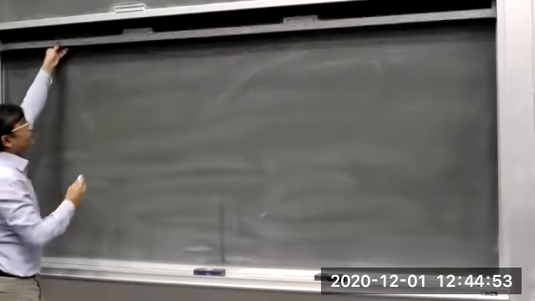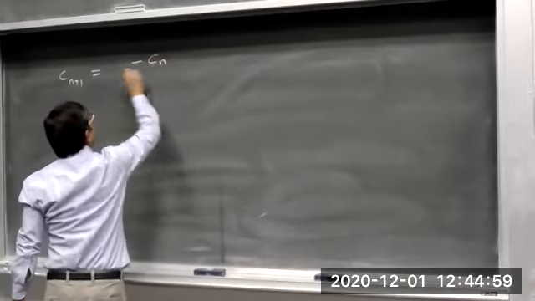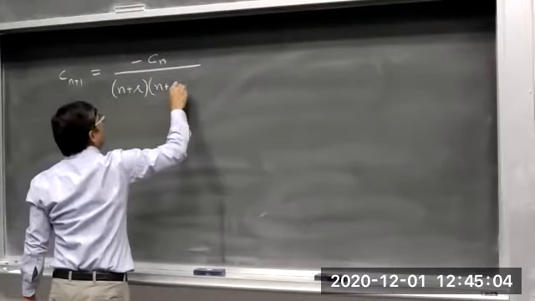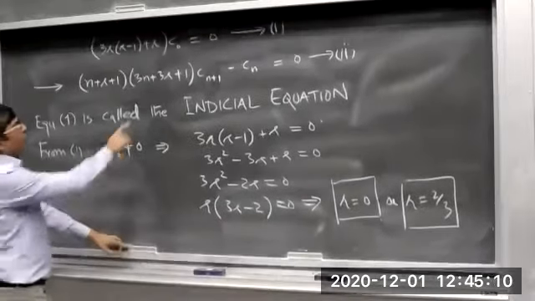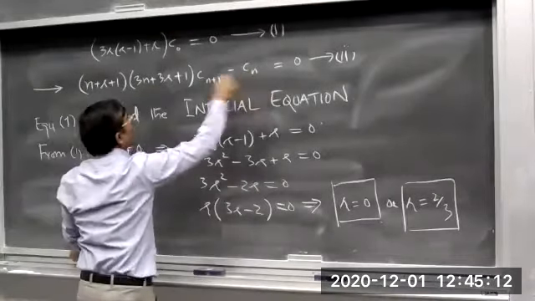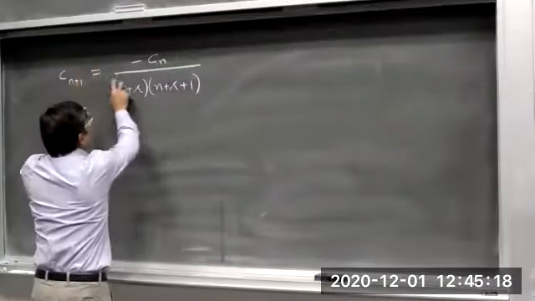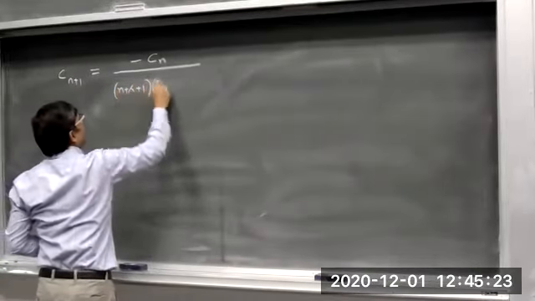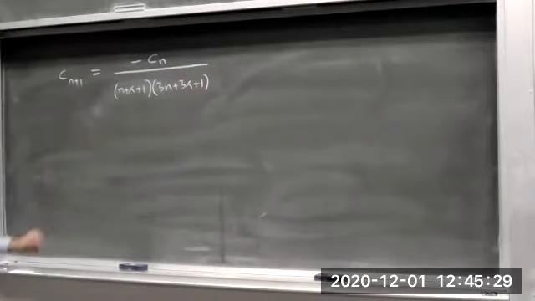From the second expression, we obtain Cn plus 1 is equal to negative Cn divided by n plus r plus 1 times 3n plus 3r plus 1. We took it to the other side and divided. This one, we have this now.